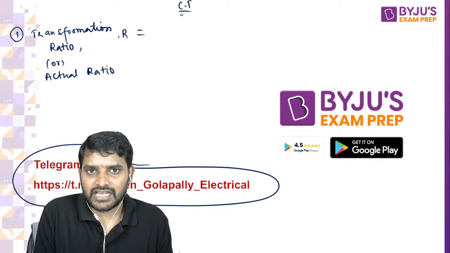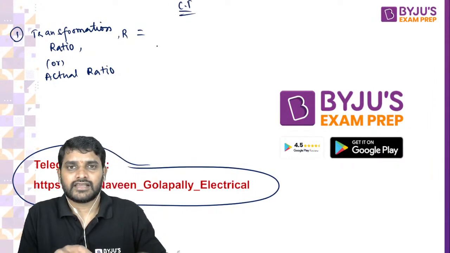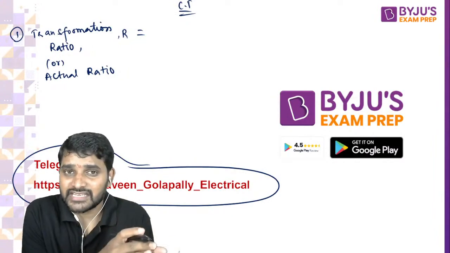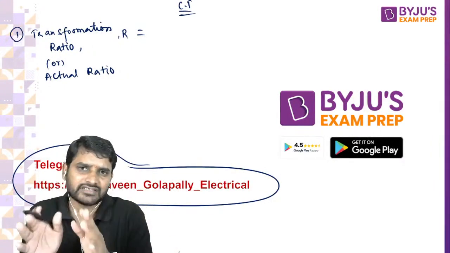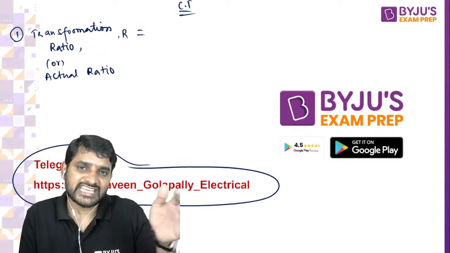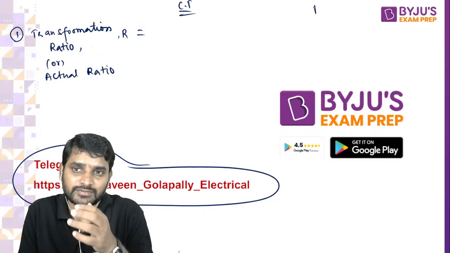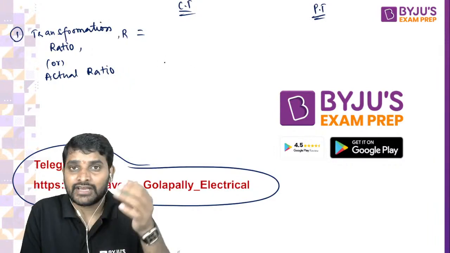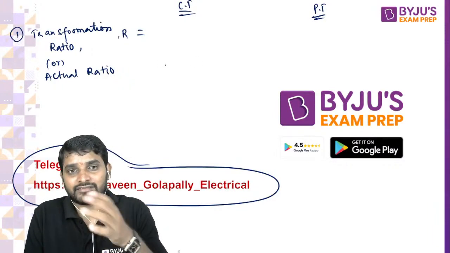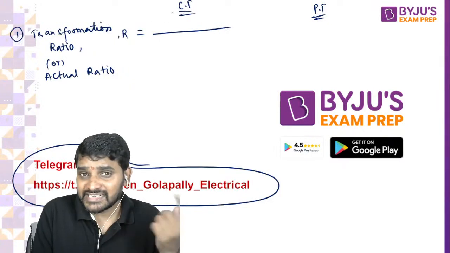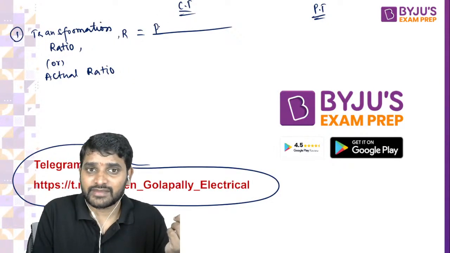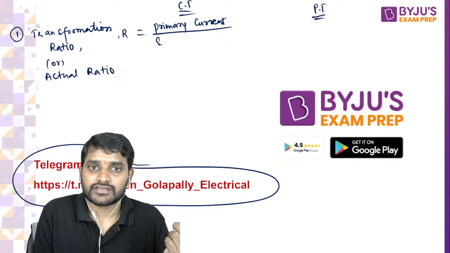For CT, how to represent it: CT primary current is higher value, secondary current is lower value. CT and PT both are going to step down the values. CT is going to step down the current, PT is going to step down the voltage. So the transformation ratio formula is like, which current is higher? Obviously primary current. So primary current to the secondary current.